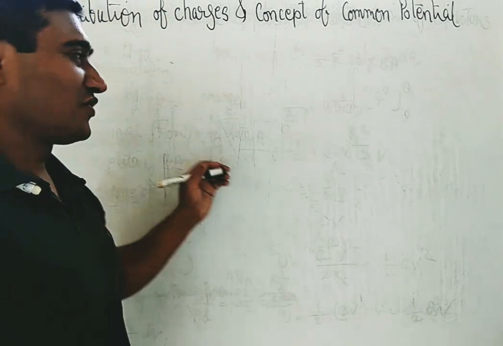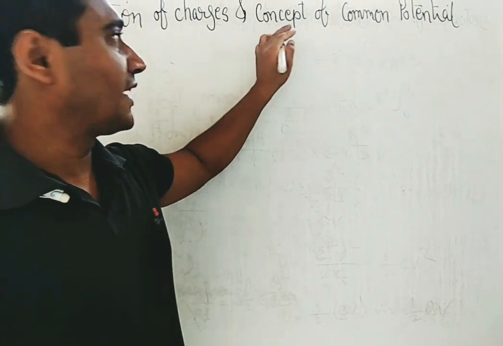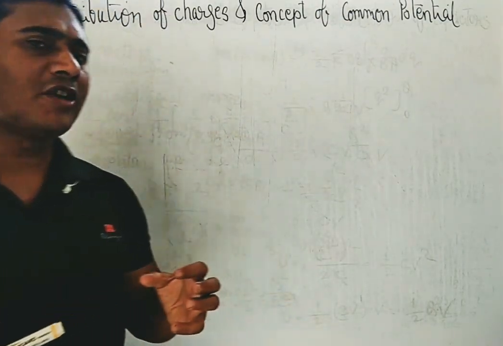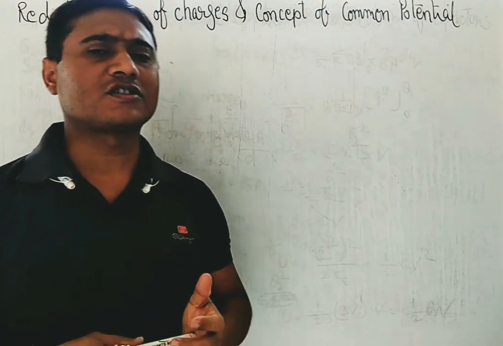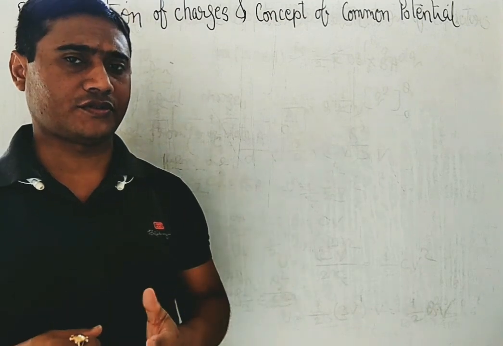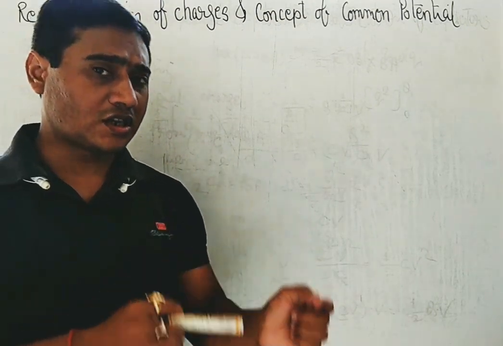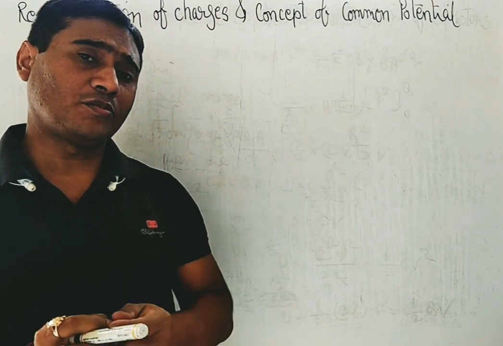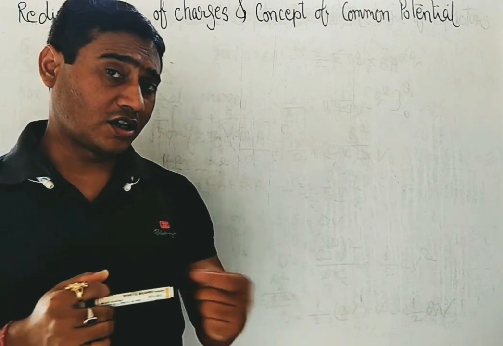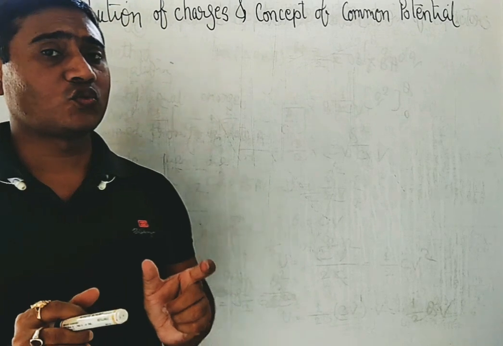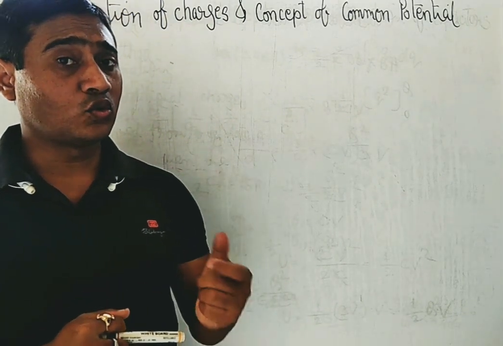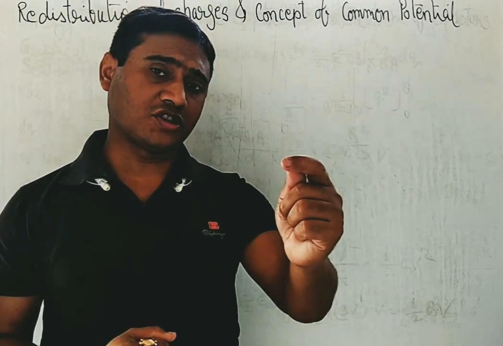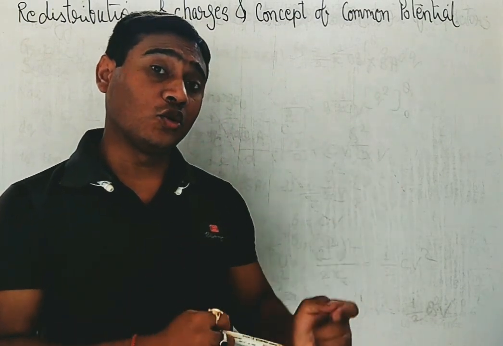So now let's have the next topic, redistribution of charges and the concept of common potential. Here we will have two conductors having different charges at different potentials. When these two conductors, having different capacity, different potential, different charges, are joined through a conducting wire, the charges will start distributing, transferred from the conductor at higher potential to the conductor at lower potential.